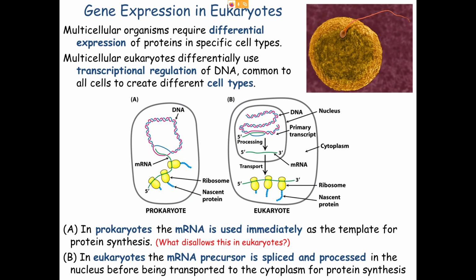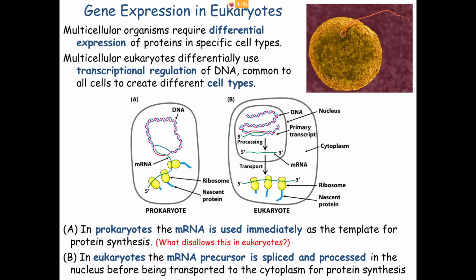However, there is an advantage. I can take that mRNA I just finished transcribing and do some processing. So I can cut out some pieces of it, put some other pieces back together, modify it, do a lot of things to it, which we'll talk about later, and then export it to the cytoplasm. So from one message, one pre-mRNA we call it, I can do all that processing and maybe make multiple proteins from it.